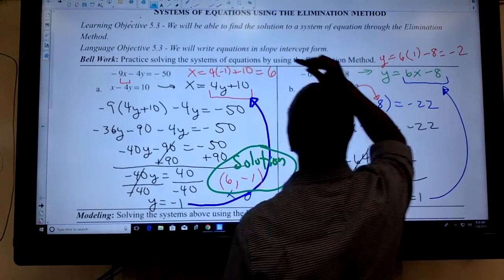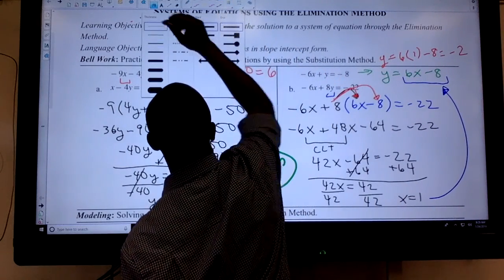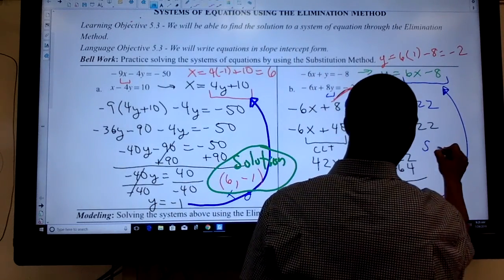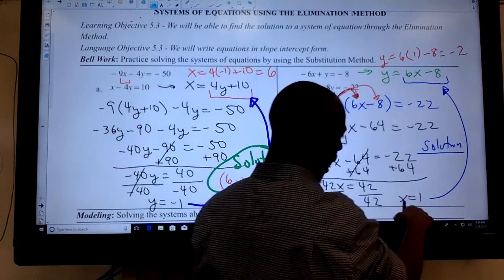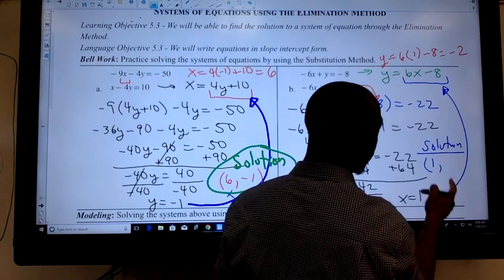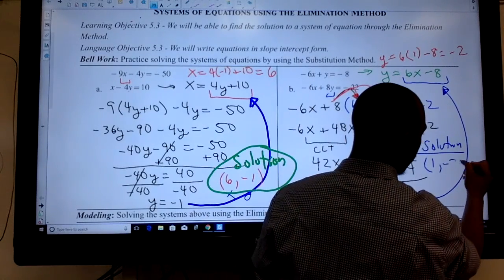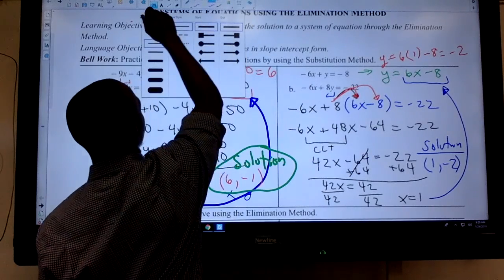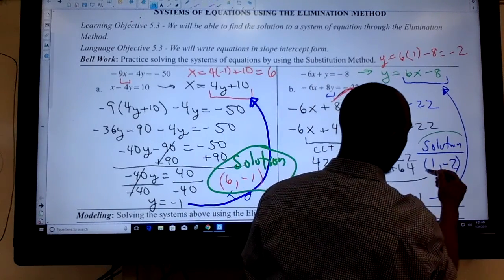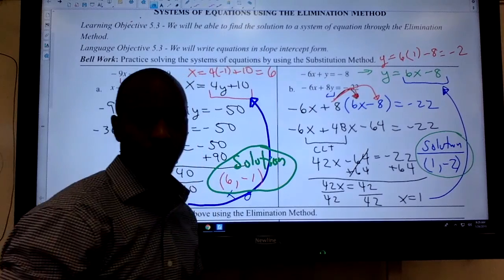So our solution in this case is going to be x first, which is 1, comma, y, which is negative 2. So that's what you should have arrived at over here as your solution. So over here, the solution would have been 1, negative 2.